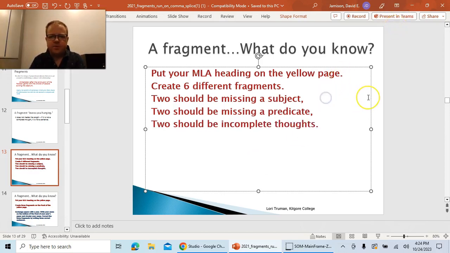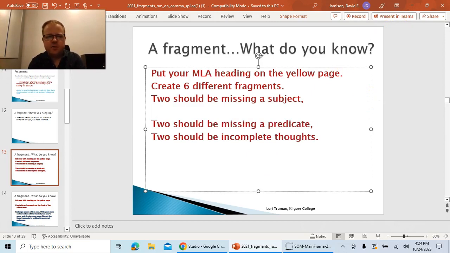So, examples of those: missing a subject, on the way to church. That's a fragment that's missing a subject because we don't know who's on the way to church. Missing a predicate: My Uncle Steve.